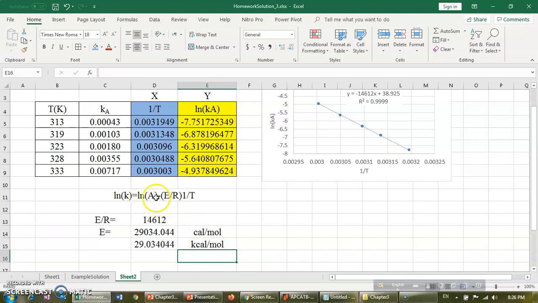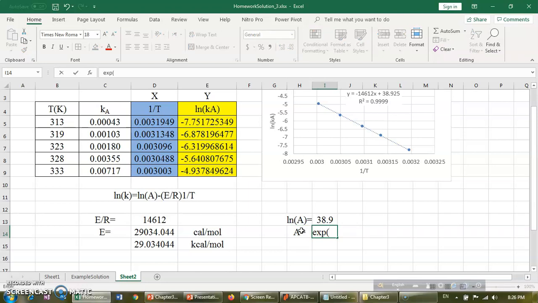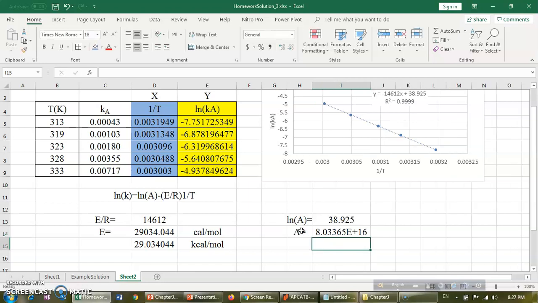Now we have to find the value of A. We know that ln A equal to 38.925, right? So that is our ln A. To find A, it will be exponential, so I press the equal sign, exp bracket, select the data 38.925, close the bracket, and you will get the value of 8.033 into 10 to the power plus 16.